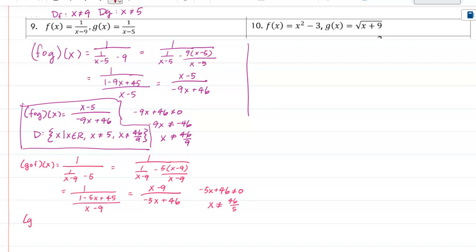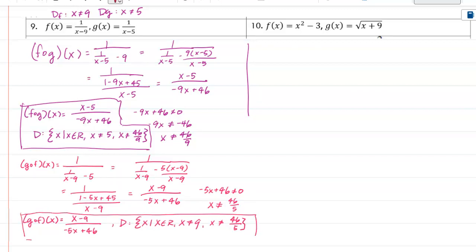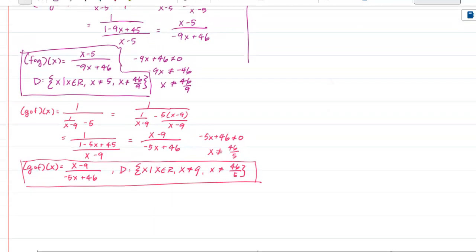So g of f of x equals x minus 9 over negative 5x plus 46. Domain is x such that x is an element of all real numbers. x cannot be the input function restriction, and x cannot be the composite function restriction. There you go.